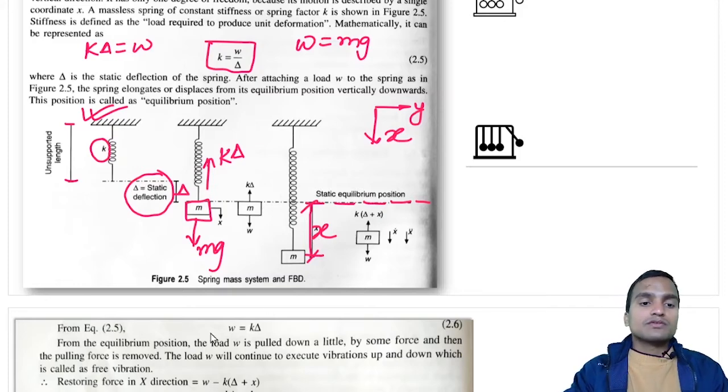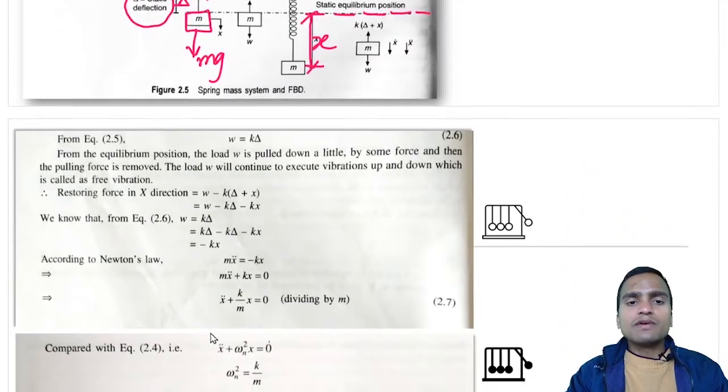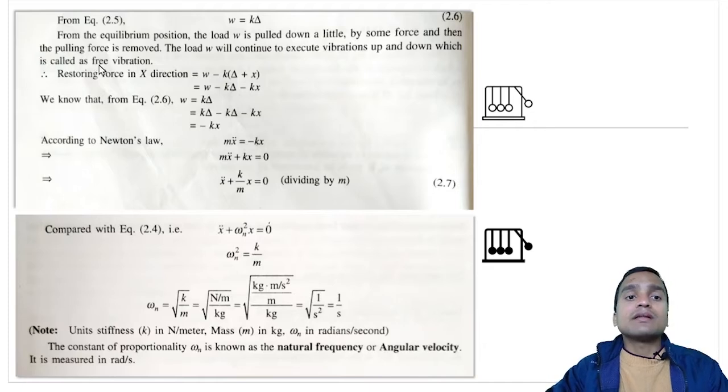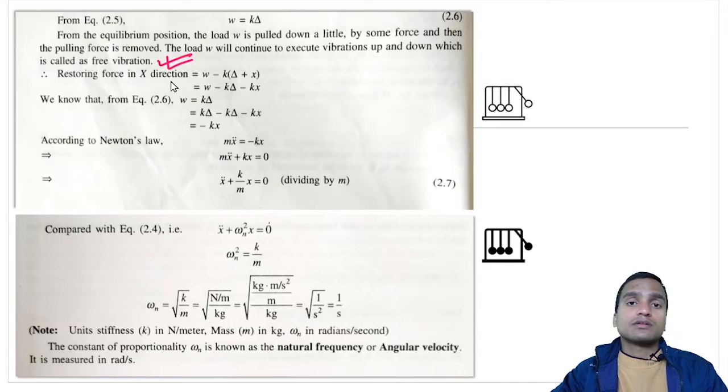When the load W is pulled down by some force initially, and then the pulling force is removed, the load W will continue to execute vibrations up and down, which is called free vibration, because we have removed the initial load that we applied at time t equal to 0.